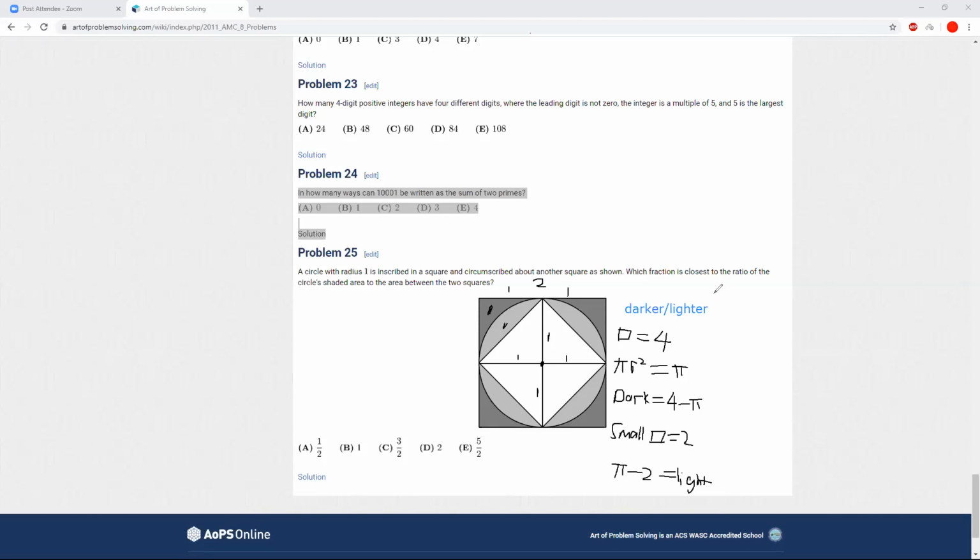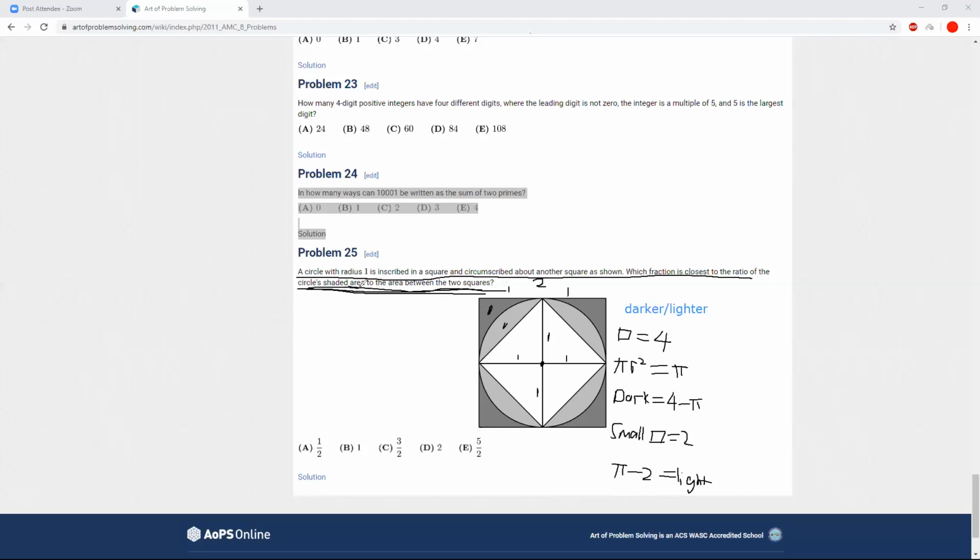Oh wait, I'm being told I read this whole question wrong. Let me see. A circle and square... shaded area to the area between the two squares? Wait, what does that even mean? Oh, it's asking for the ratio of the circle shaded region. Oh, okay, I'm reading this wrong. My bad.